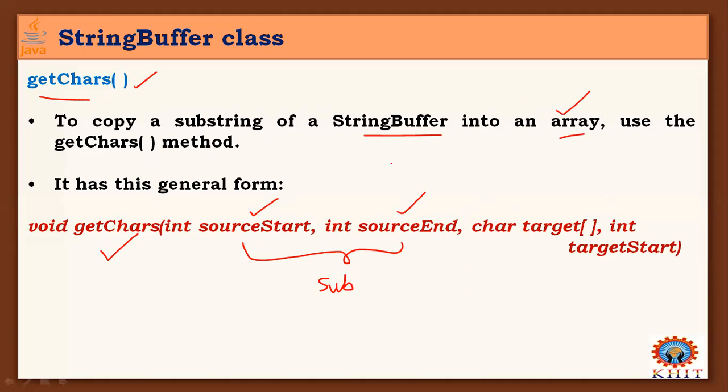The substring returned by both indexes needs to be copied into this target array, starting from this index. So this is the use of this function. It copies a substring.